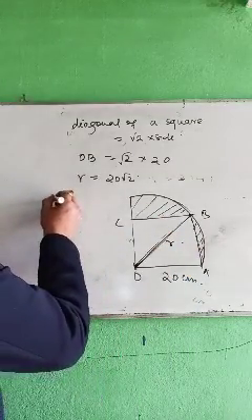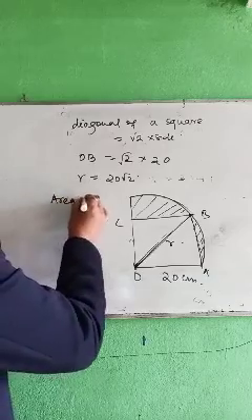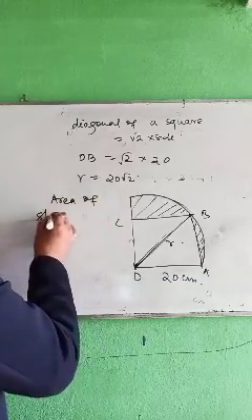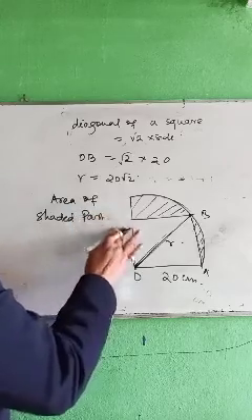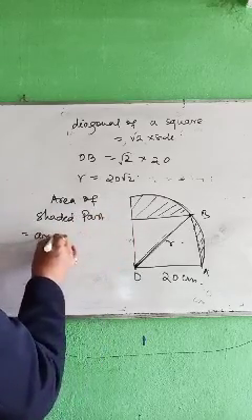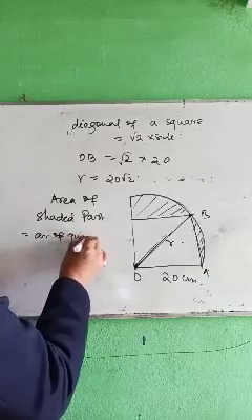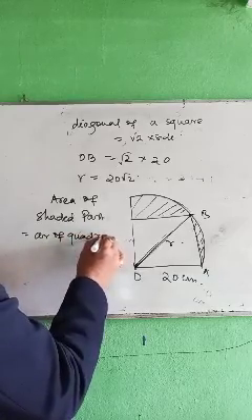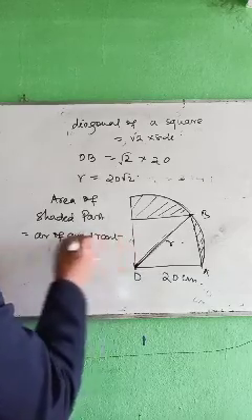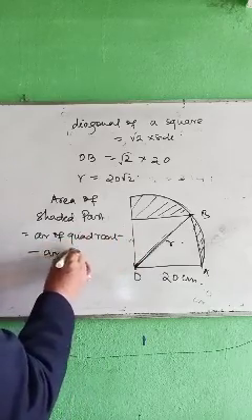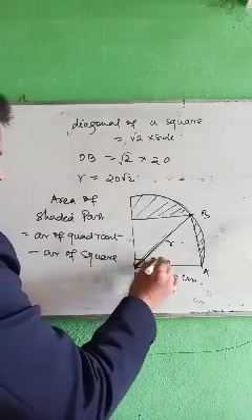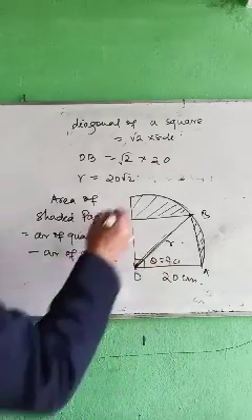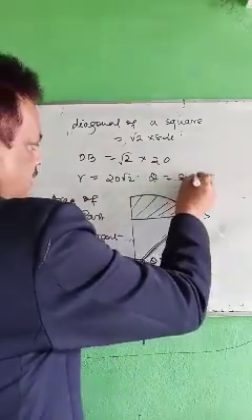Area of shaded part is area of quadrant minus area of square. Quadrant means theta is 90 degree.